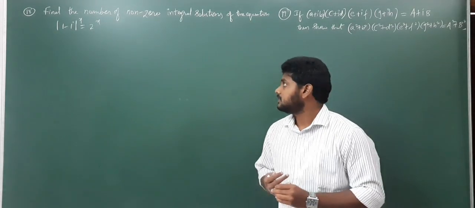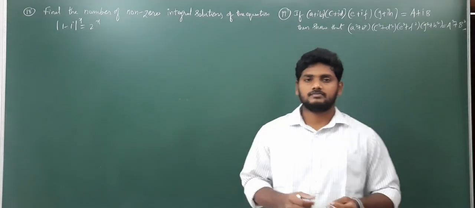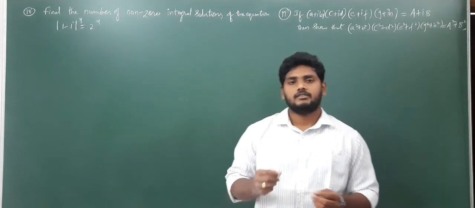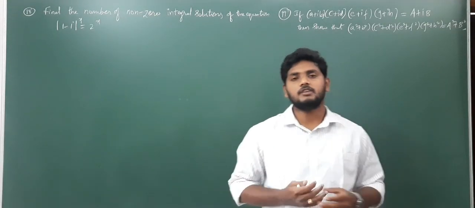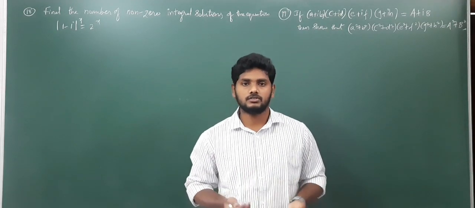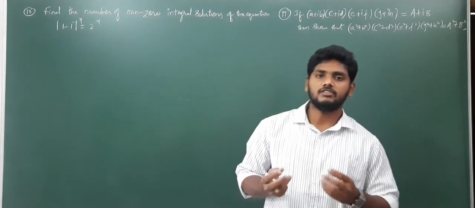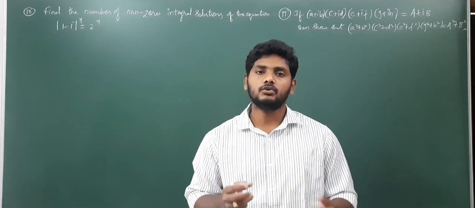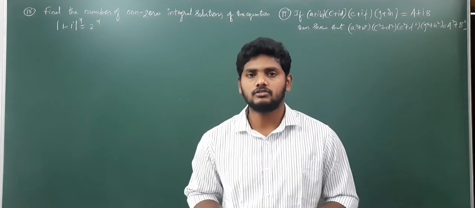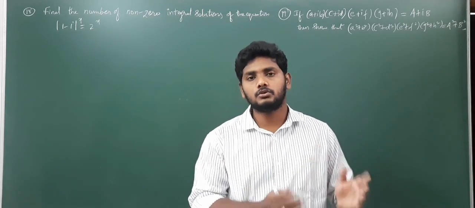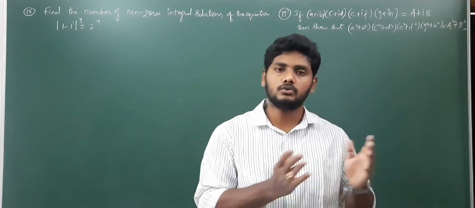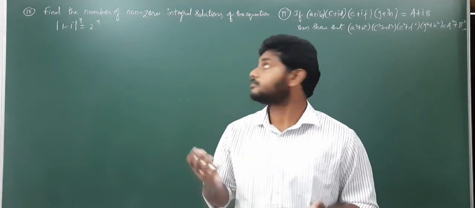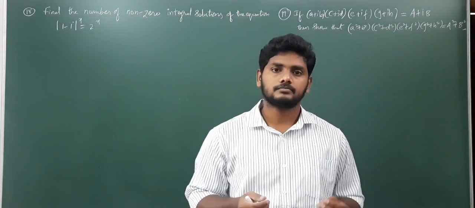For example, if you have a quadratic equation like x square minus 3x plus 2 equal to 0, in a quadratic equation we will get two roots, nothing but 2 x values. In the 2 x values, if they ask how many non-zero integral solutions, if you got 2 integers as the solutions, the number of non-zero integral solutions is 2.